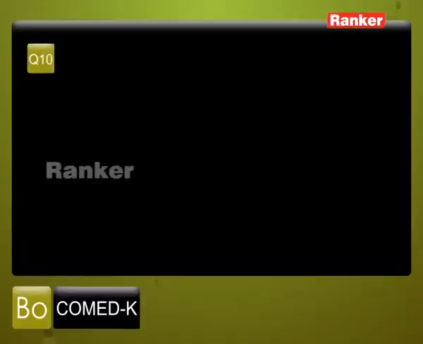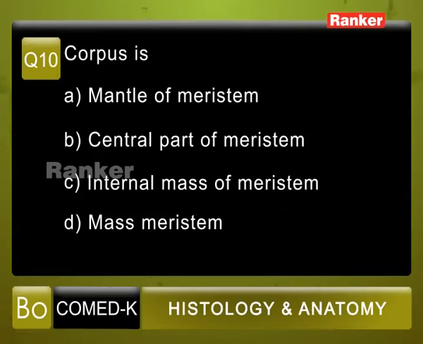Question 10. Corpus is A. mantle of meristem, B. the central part of the meristem, C. the internal mass of the meristem, D. mass meristem.